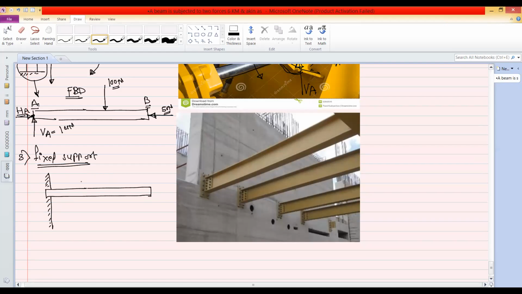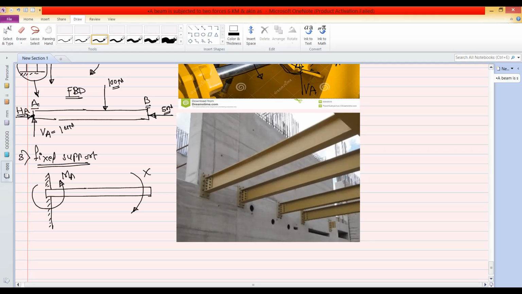So this is the fixed support. The fixed support restricts the rotation, so we cannot rotate the system, and therefore it will offer a moment which is called a counter moment or the balancing moment.